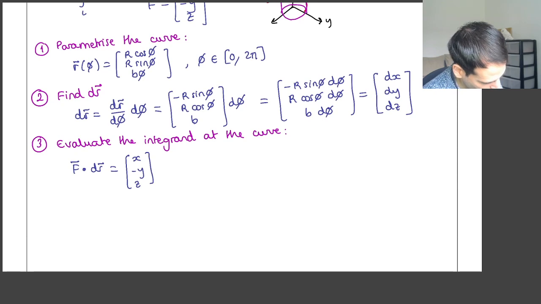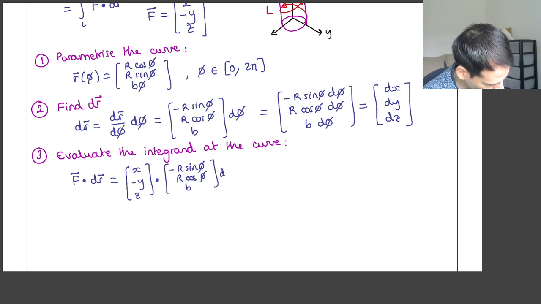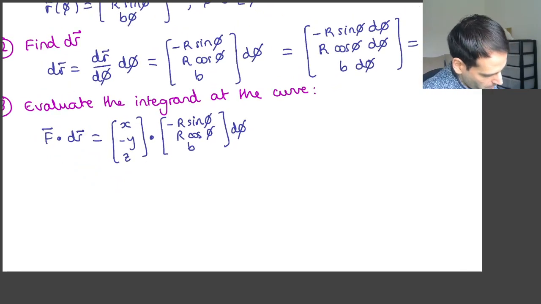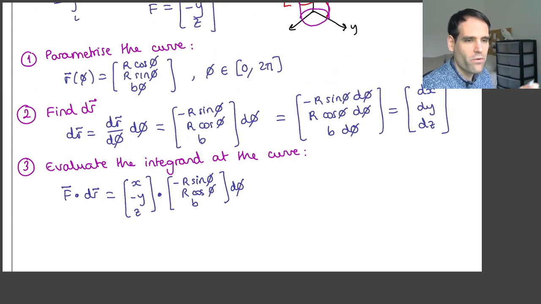So this is f dot dr, which is over here, times d phi. So now we need to do the dot product, but also not only do we have to do the dot product, but we have to substitute x, y, and z for the values that x, y, and z have on our curve.